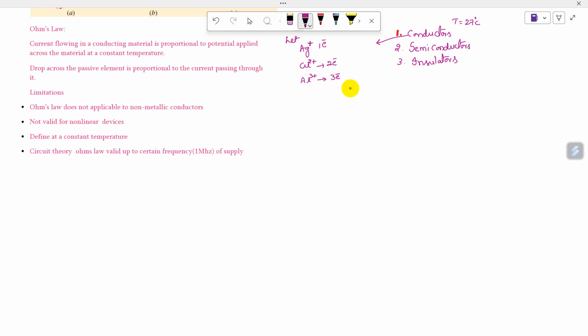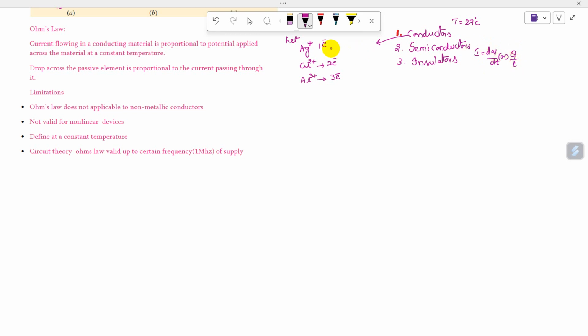So as per definition, the flow of electrons is defined as what? Current. So I is charge movement, dq by dt, or q by t.